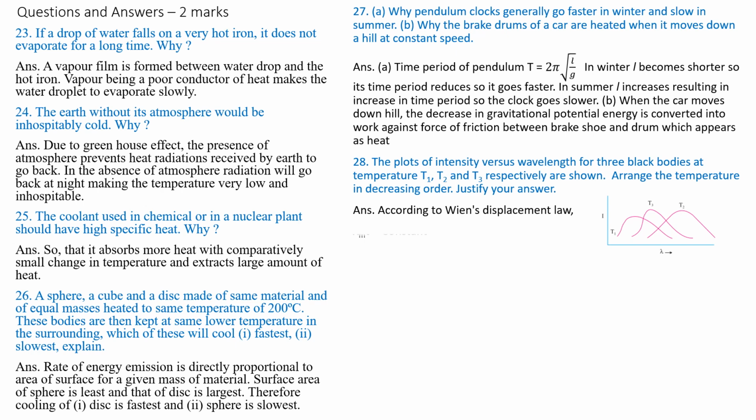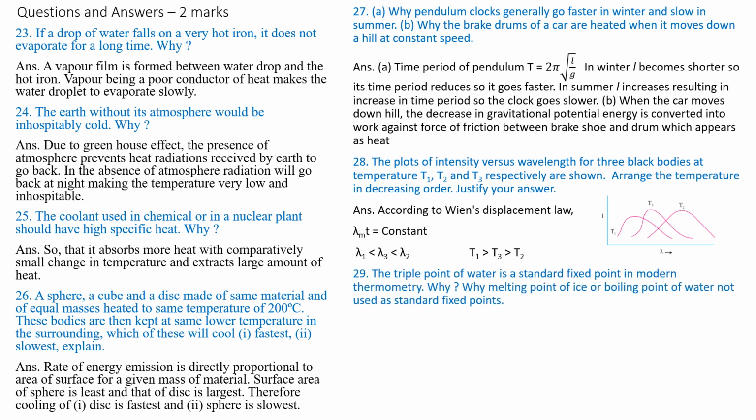According to Wien's displacement law, lambda m into T equals constant. Therefore, lambda 1 is lesser than lambda 3 here and lesser than lambda 2 here. Lambda 2 is highest. Therefore, T1 is greater than T3 greater than T2.